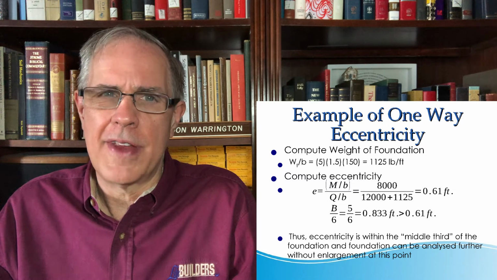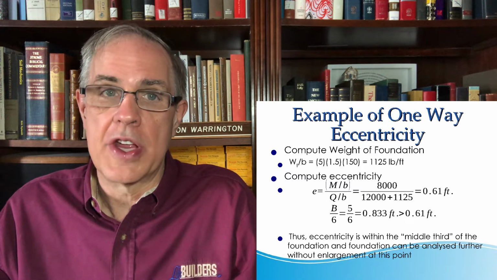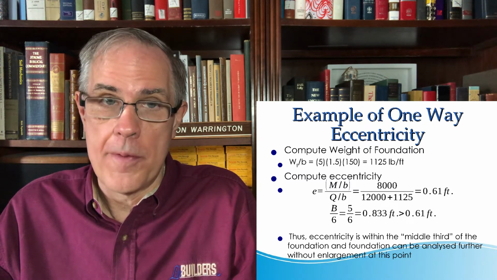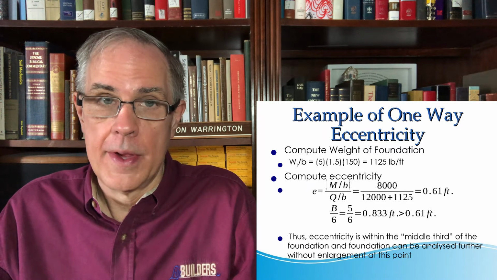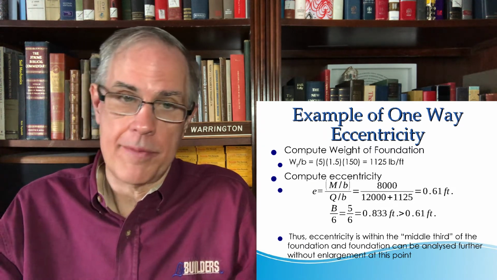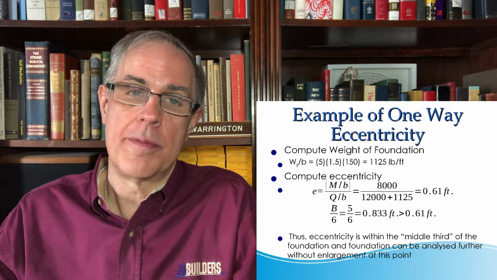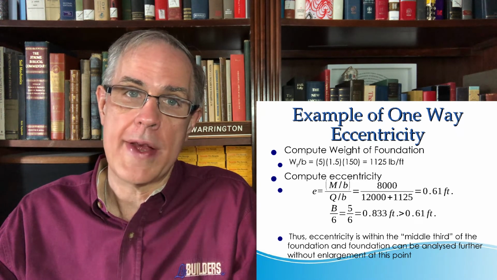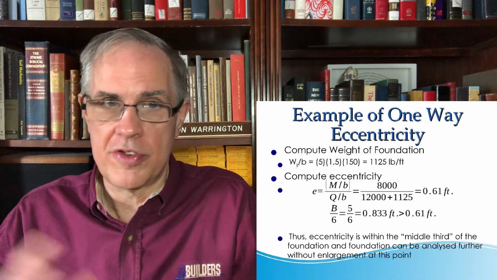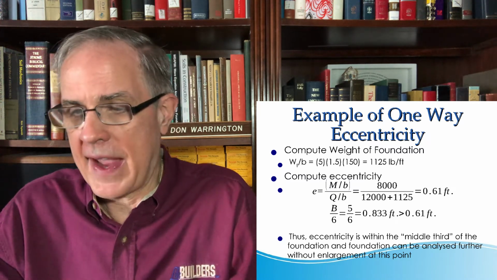The weight of a foundation is generally a concentric load. In other words, if a foundation is a uniform thickness, the resultant of the load of the weight is going to be concentric, which will pull the eccentricity back.